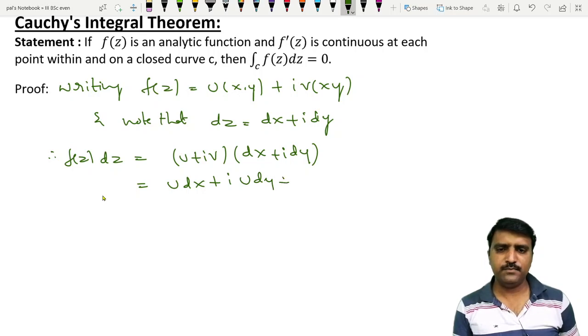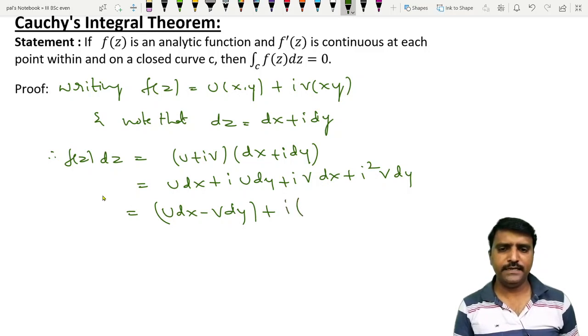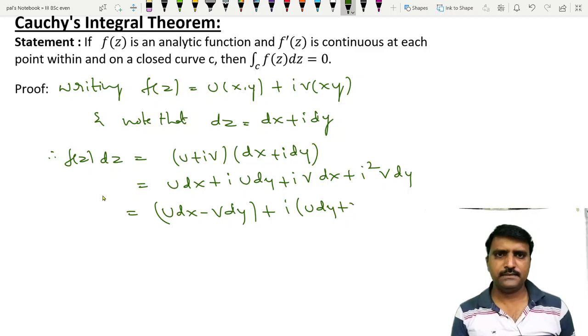Next i into this: plus i v into dx plus i into i, that is i square, v into dy. As all of you know, i square is minus 1. So you can write it as u dx minus v dy plus i into, taking i as a common factor, u dy plus v dx.